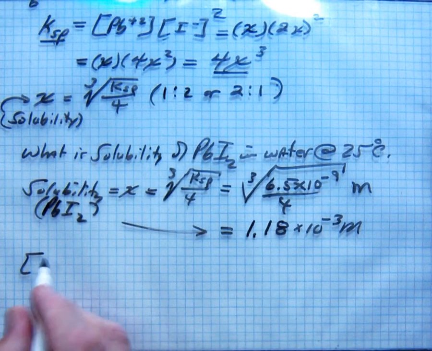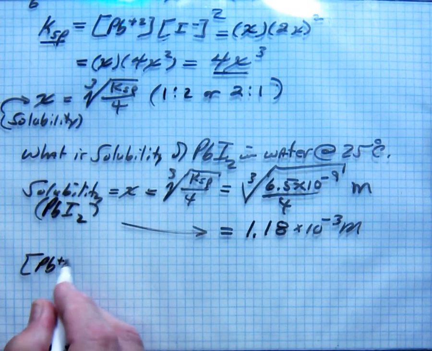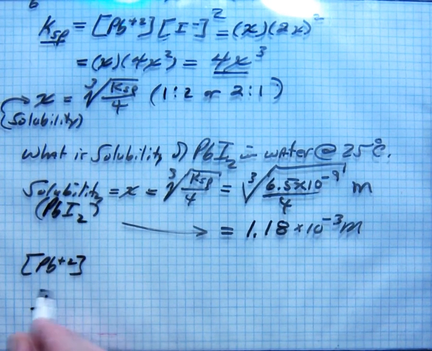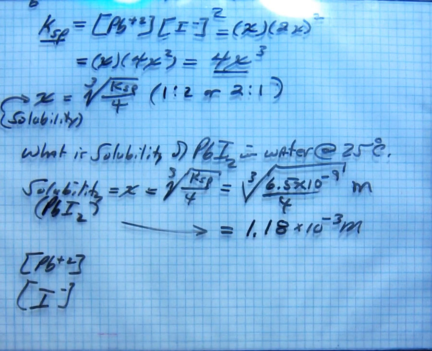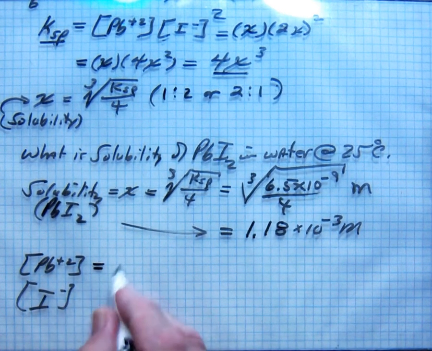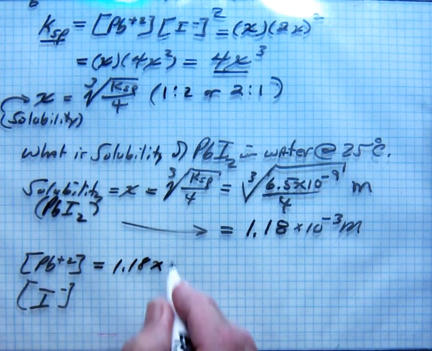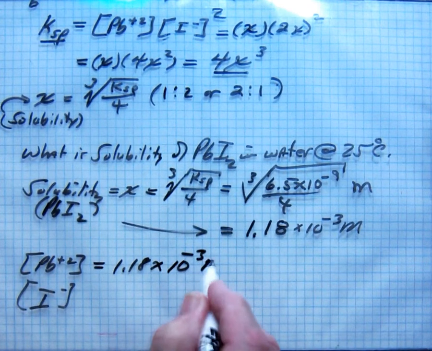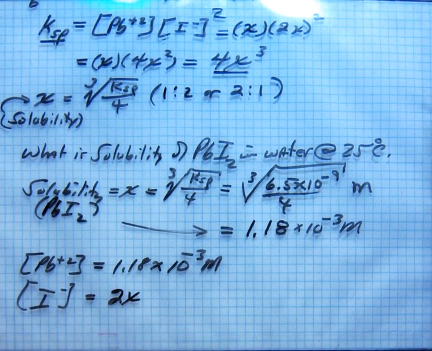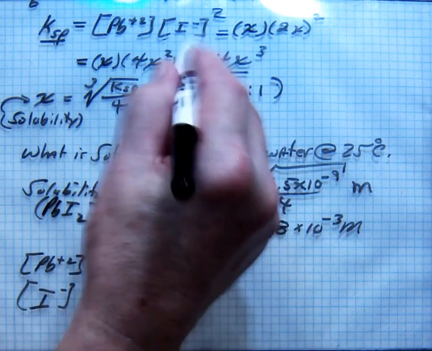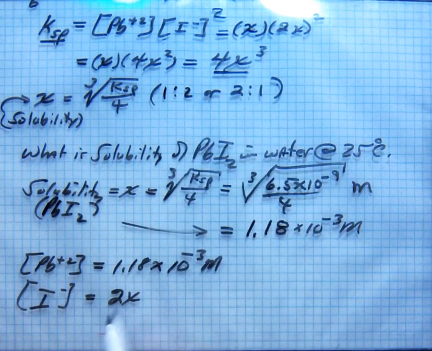But what is the concentration of lead? And what is the concentration of iodide? Lead is 1 to 1 with the salt, so that's also 1.18 times 10 to the minus 3 molar. But iodide is 2X. That's why it is so important that you recognize that in the concentration.